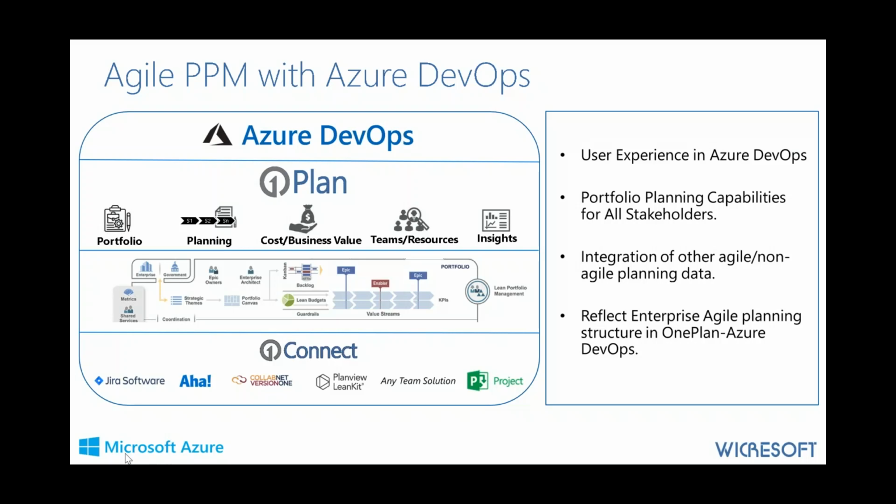And finally, whichever Enterprise Agile hierarchy you're using, we can reflect it within OnePlan and Azure DevOps. In this case, like I said, we're going to be referencing SAFe, but if you happen to have another one, our solution allows you to do that. There's obviously data going back and forth between OnePlan and Azure DevOps to make sure that all the data set is seamless.